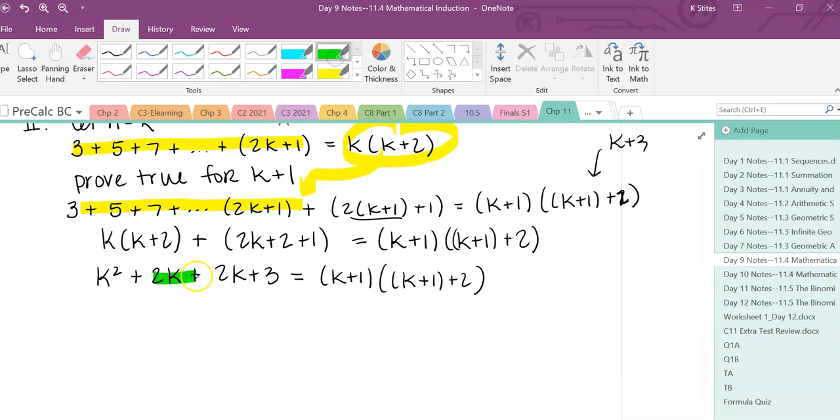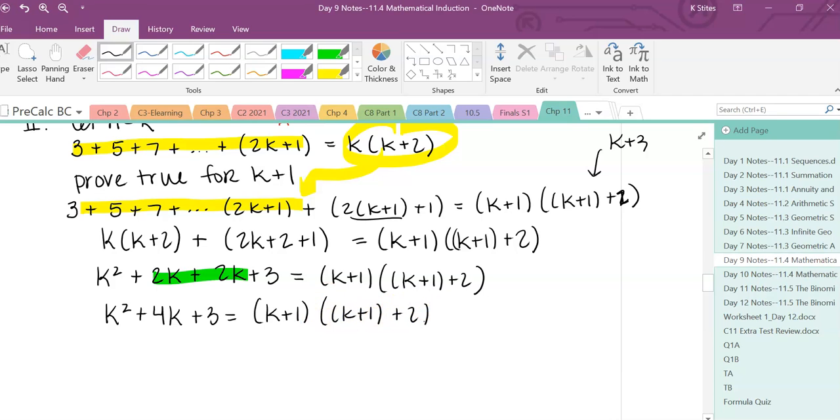And combine. My hand hurts. And finally, we're going to factor, and this factors to k plus 1, k plus 3.